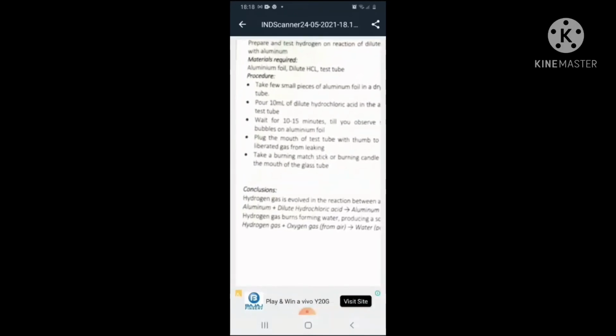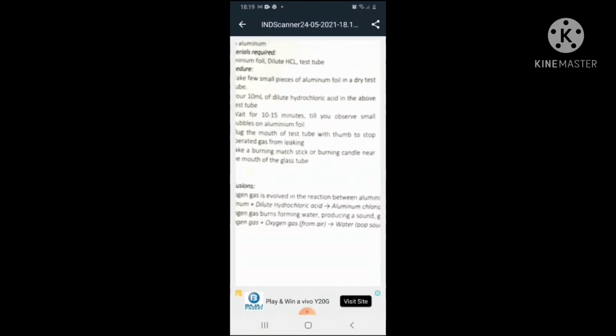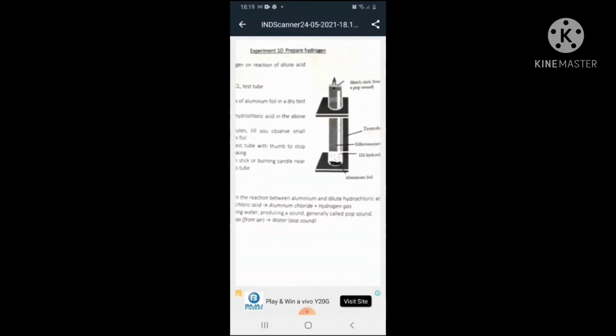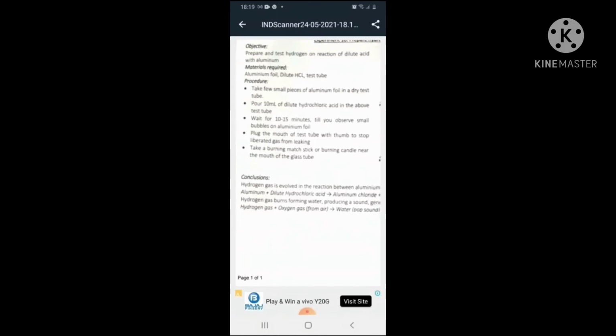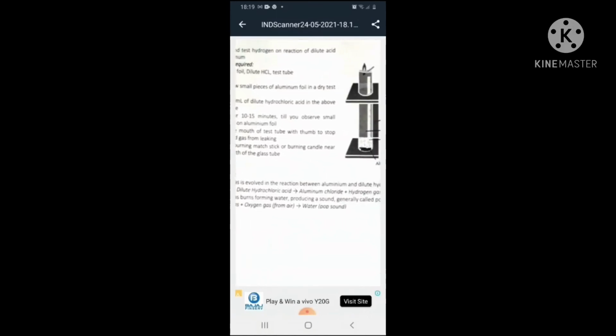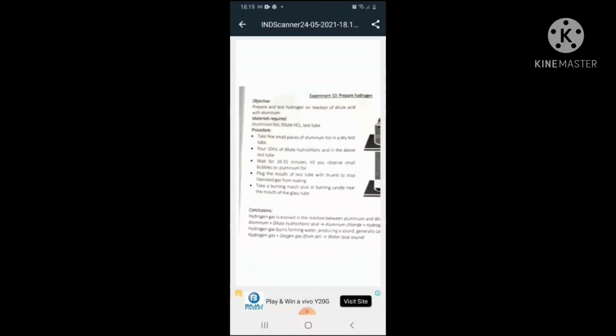The second line says aluminium plus dilute hydrochloric acid forms aluminium chloride plus hydrogen gas. In the last line, hydrogen gas plus oxygen from air forms water (pop sound). So friends, you can copy if you want to copy.